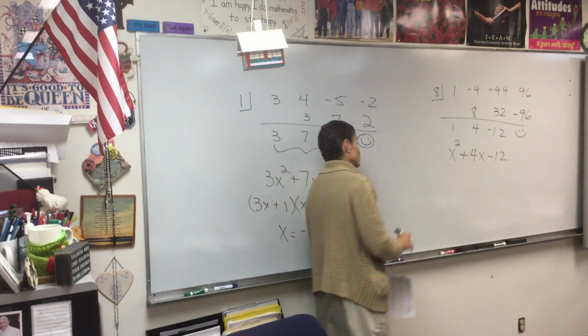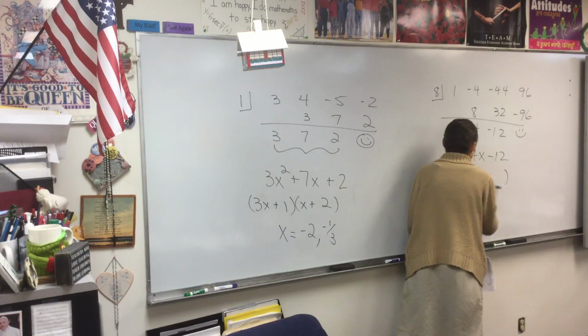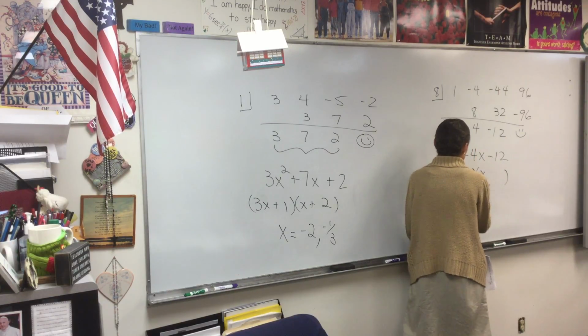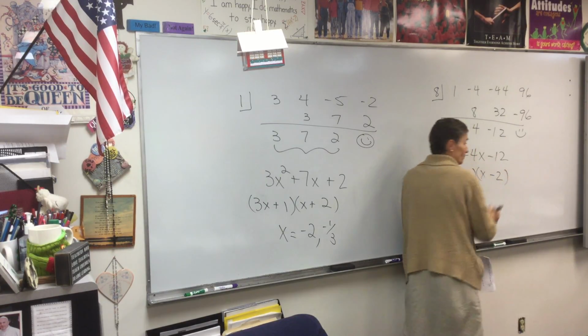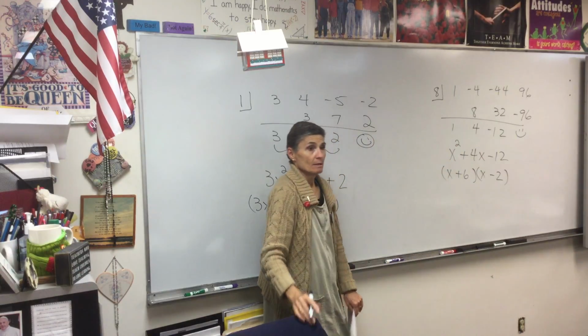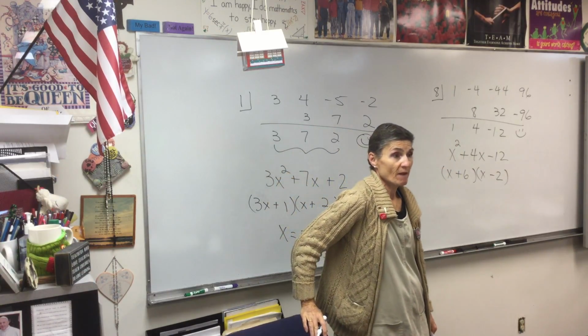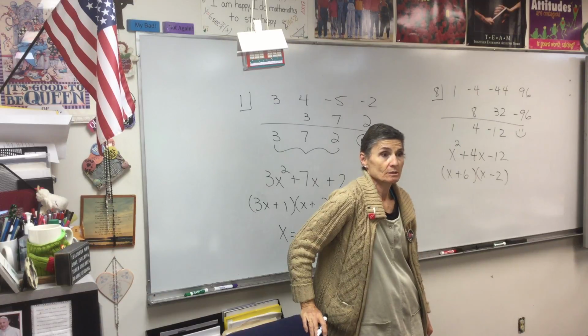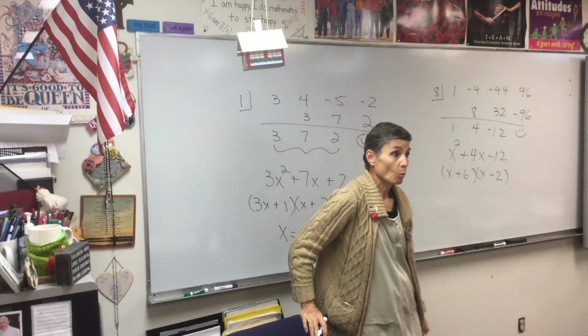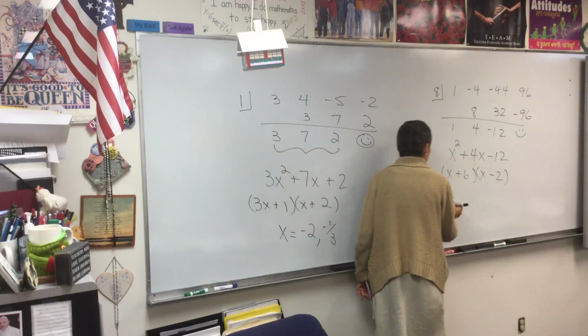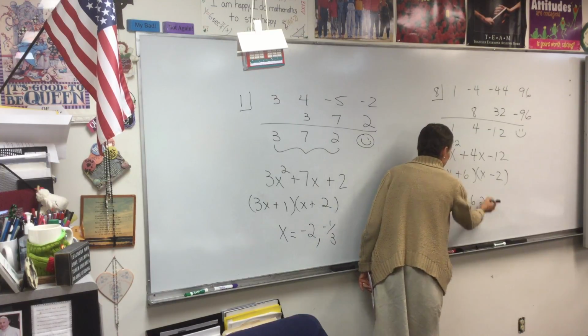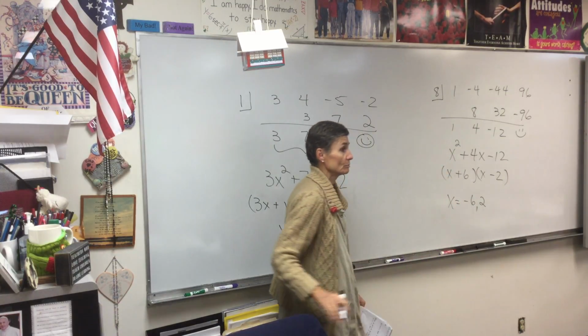Factor. So, anybody see a factoring for this guy? Plus 6 minus 2? Your job was to find the other zeros. So what are they? -6 and +2.